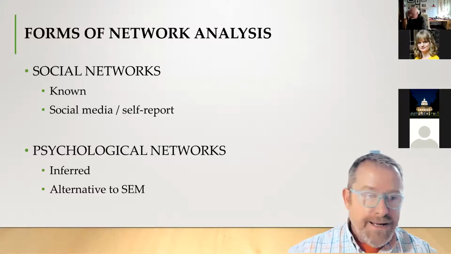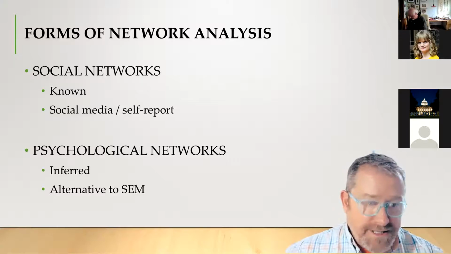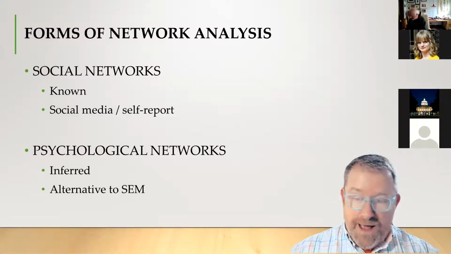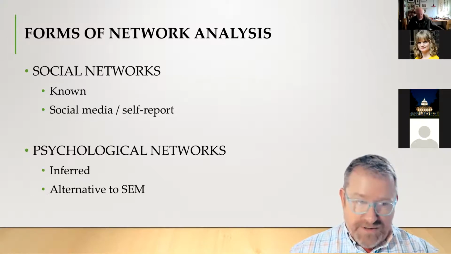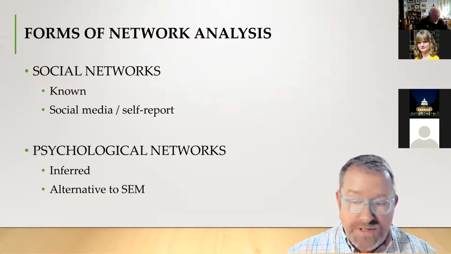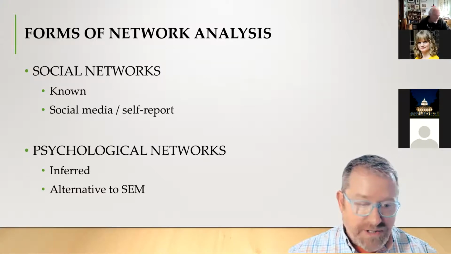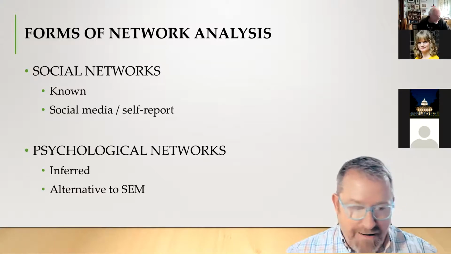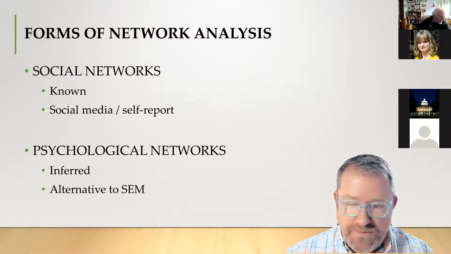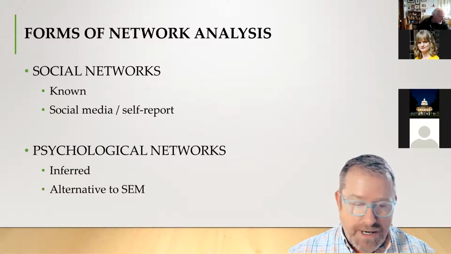That's a little different type of social network analysis. In those kinds of networks, each person in your sample is a node. The networks I'm talking about today are psychological networks. Those are inferred, and it's an exploratory alternative to running some confirmatory SEM analyses.